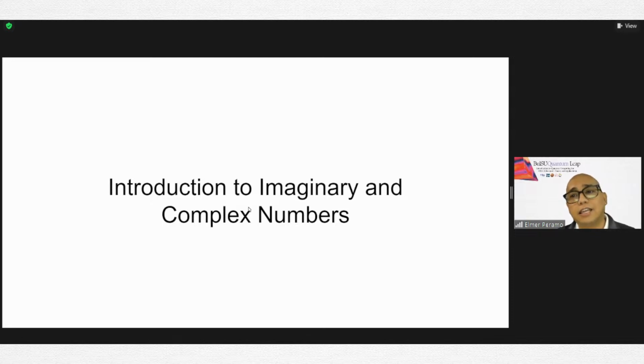Whatever I'm not able to discuss today, I will continue next year, since we still have another session later tonight about Python programming. That will be a more practical exercise for learning quantum computing. But before that, let me introduce you to the realm of complex numbers.